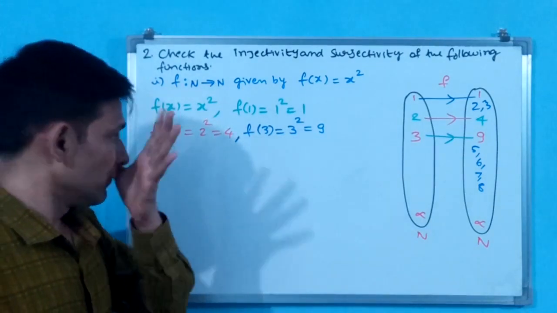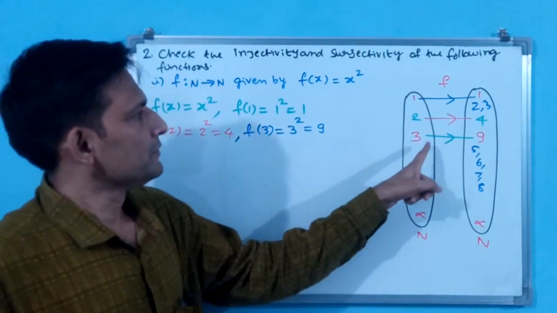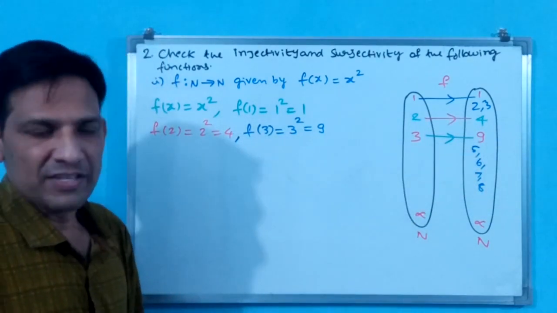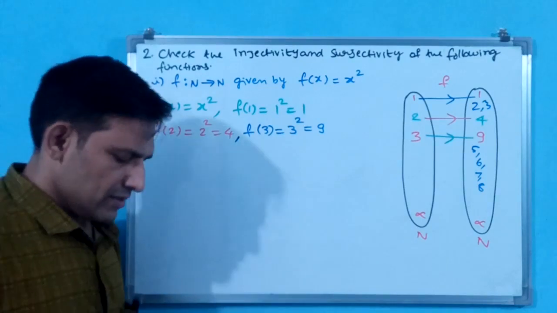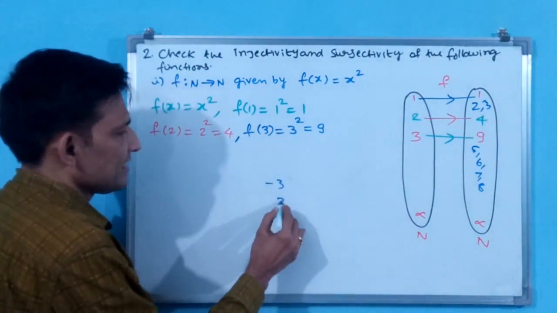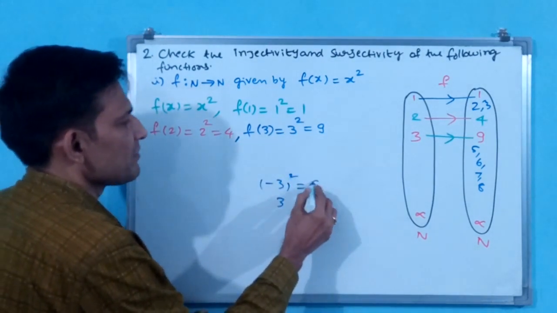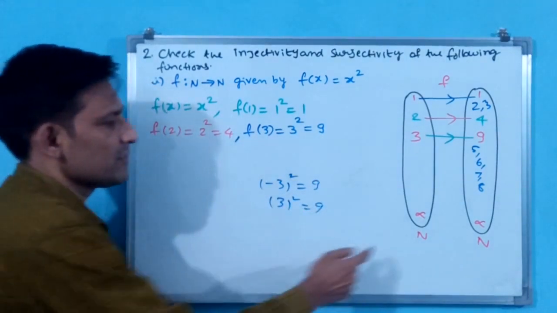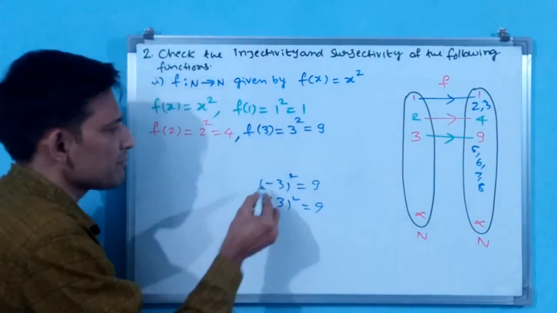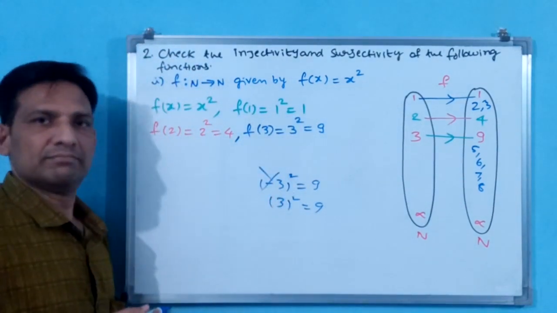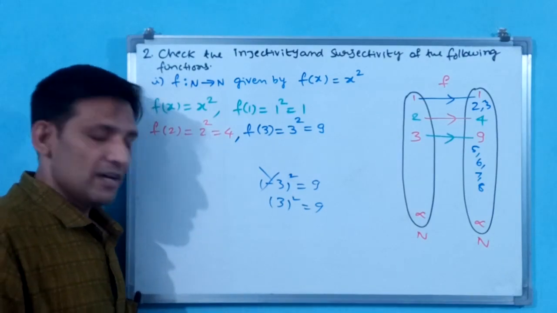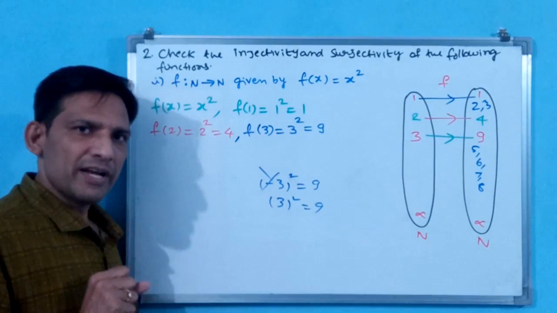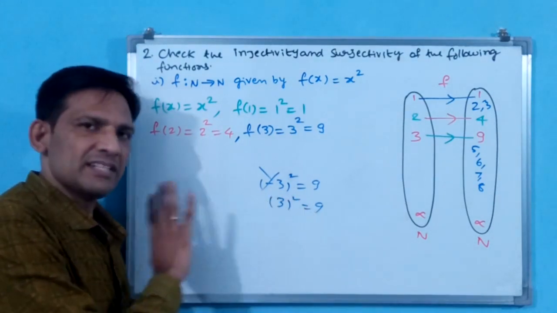Now if you see, for the image 9 we require either -3 or 3. Then only if you square, this will become 9. But if you observe, here these are natural numbers. Natural number -3 doesn't come. You understand? No negative numbers will be there in natural numbers. That is why -3 doesn't come.